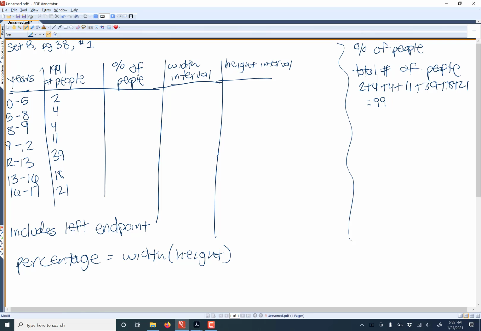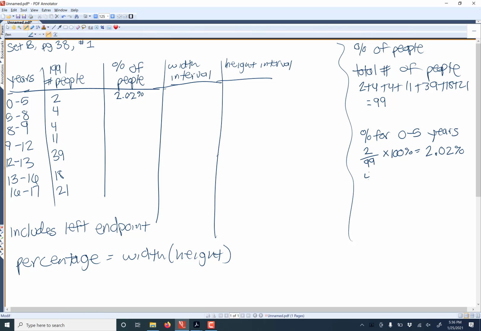Now, to find a percentage, let's say I want the percentage for 0 to 5 years. To find a percentage, you take how many you have, divide by the total, and times by 100%. That's always what we do for a percentage. So 2 divided by 99 times 100 gives me 2.02%.